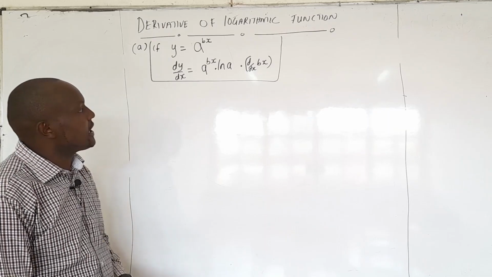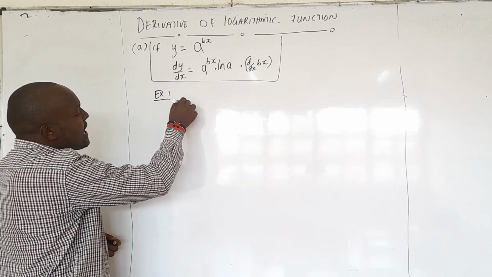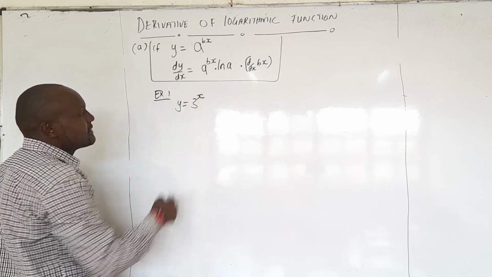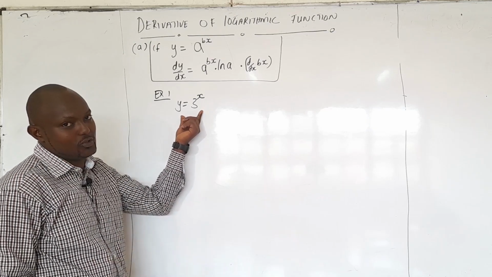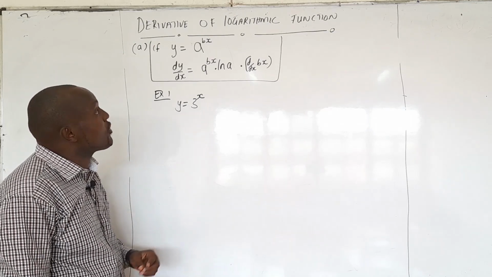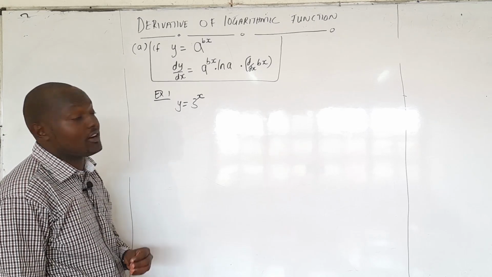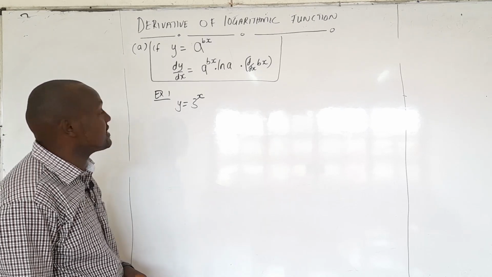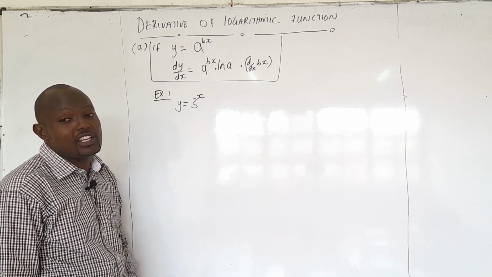What do I mean? Example 1, if you are given y is 3 to power x, I know majority of you bear witness, we can introduce logarithm on this one and use what we call implicit differentiation. We tackled implicit differentiation in one of our videos. So in this case, we have y equals 3 to power x.